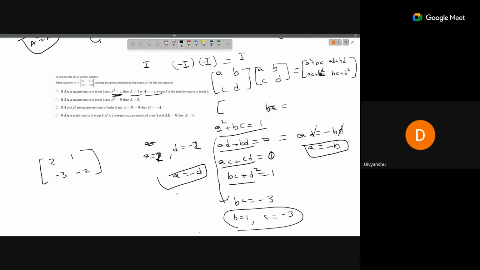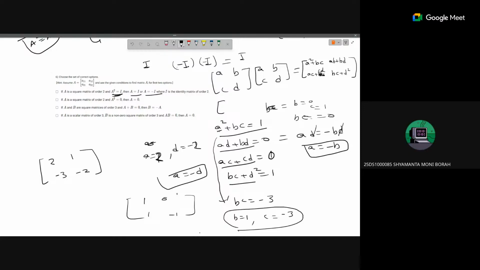Because if A is 1, the matrix is 1, minus 1, and BC equals 0, so any one of them is 0. Suppose B is 0 and C is 1.